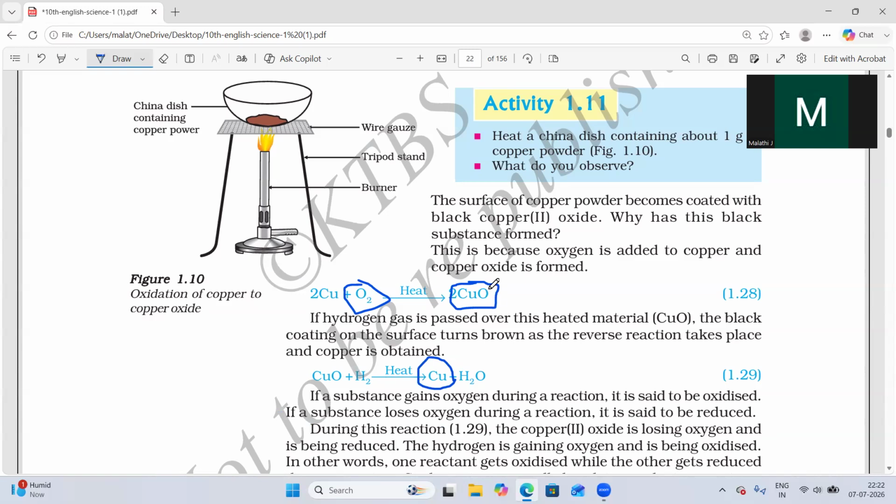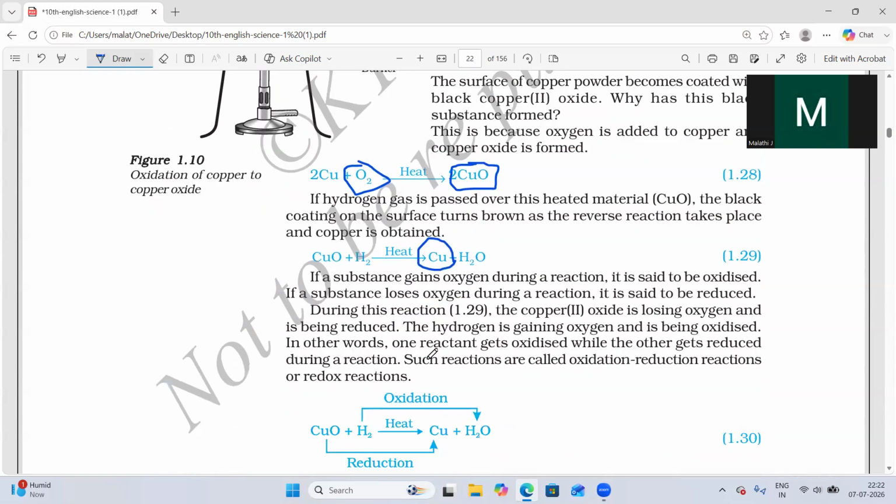So after getting copper oxide, if you add hydrogen to it, you get the reverse reaction, and copper is obtained back. The substance that gains oxygen during the reaction is said to be oxidized. These are called oxidation reactions.